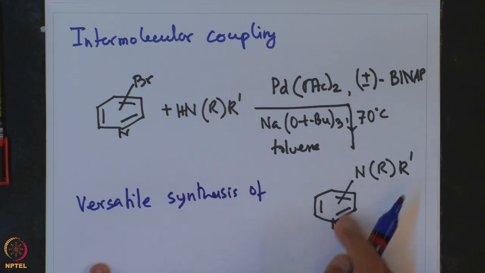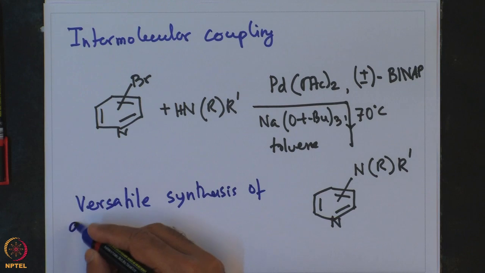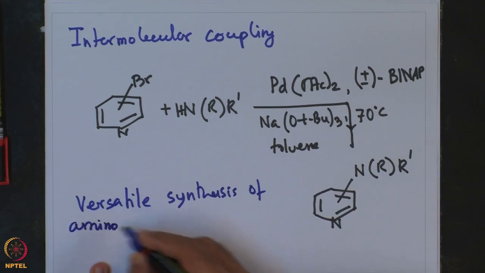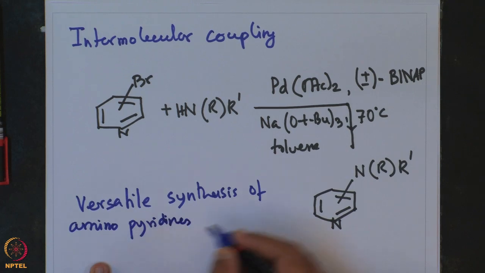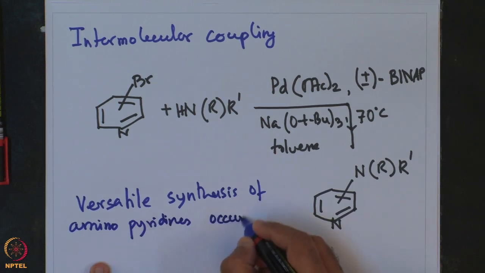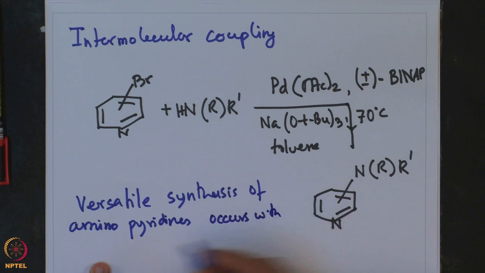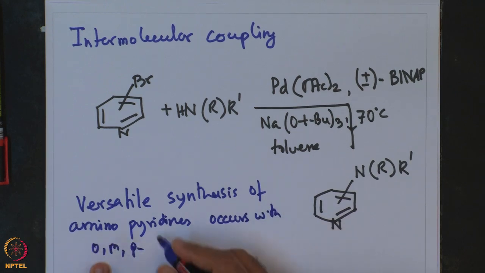of aminopyridines. These are aminopyridines. This occurs with ortho, meta, para bromopyridine.